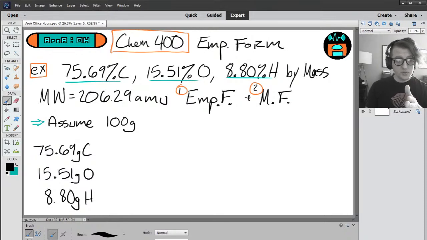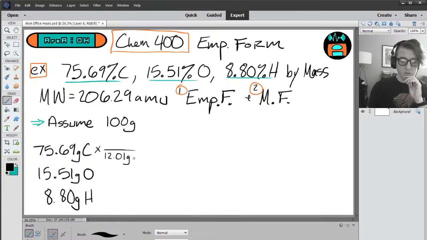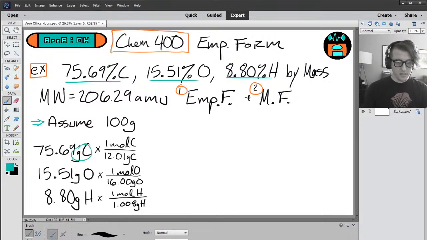So to find what those ratios are in the empirical formula, we need to convert each quantity in grams to moles, and we do so using the atomic mass of each element. These we get from the periodic table. All of our mass units will cancel, and we'll be left with moles, which is good.